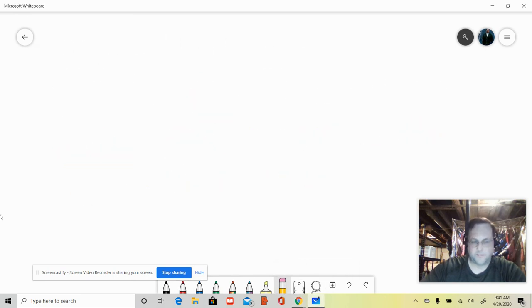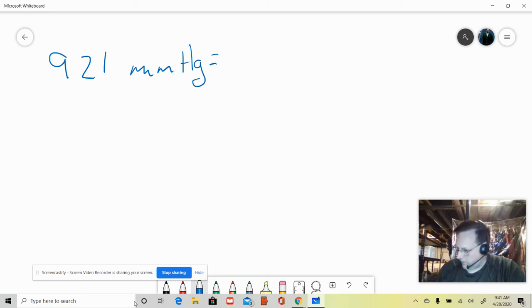Let me clear the canvas. I'm going to stick with 921. I'll go blue this time. Let's say I have 921 millimeters of mercury again, and I want to know how many inches of mercury that would be.